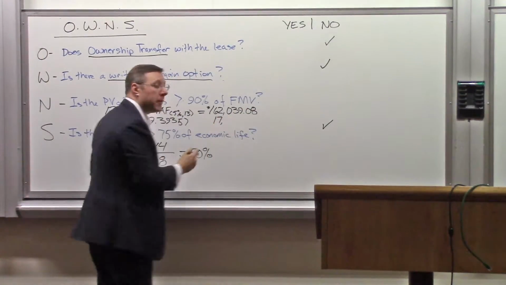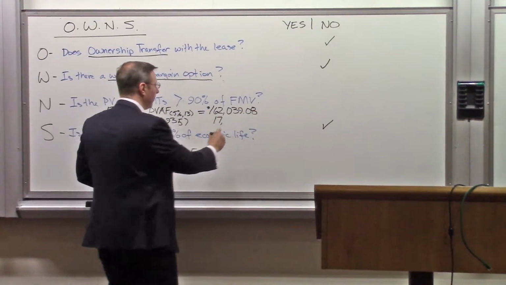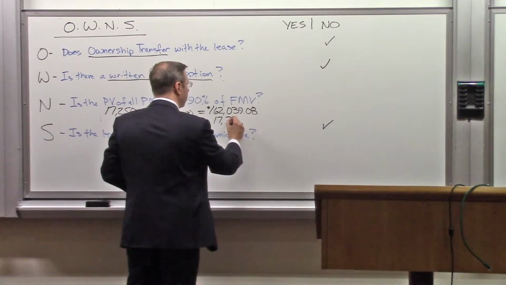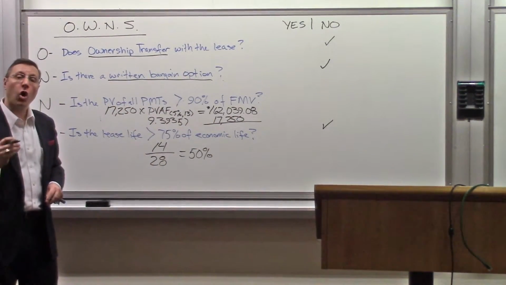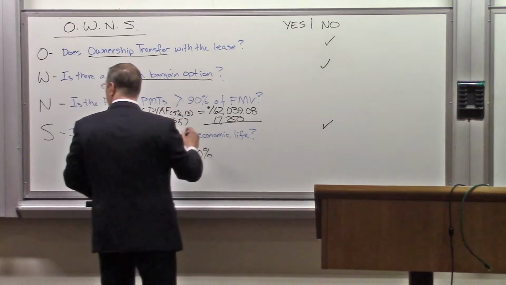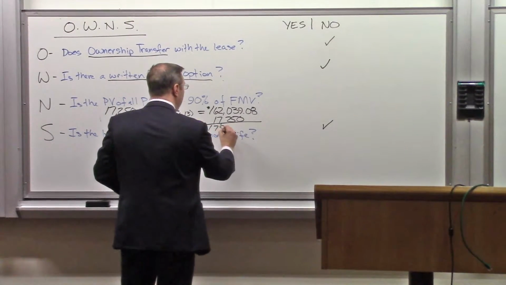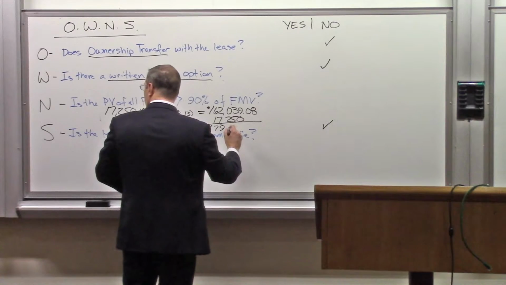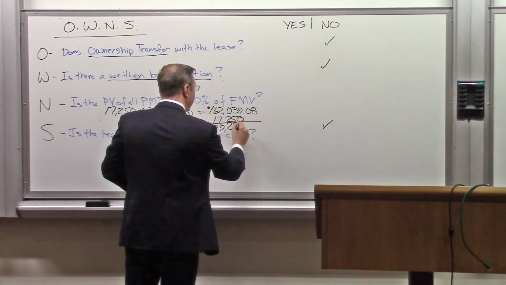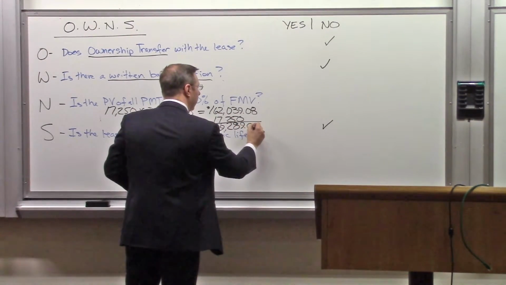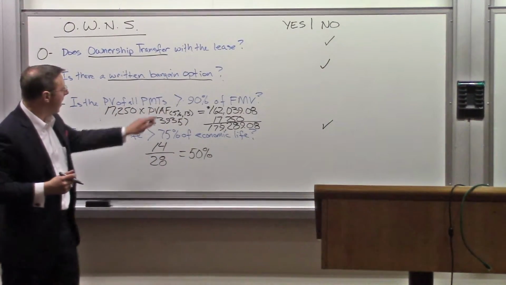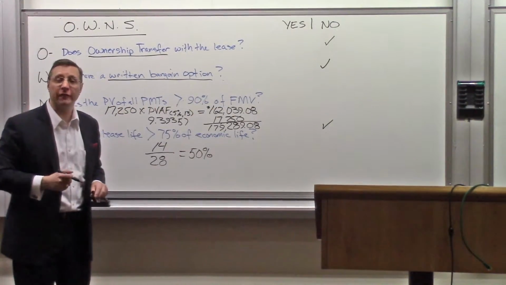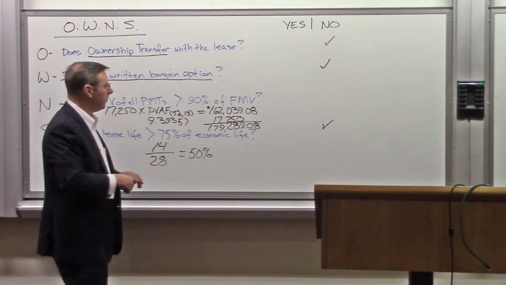We add the one payment today. We know the present value of that is $17,250. The total amount for all of the payments is $179,289.08.